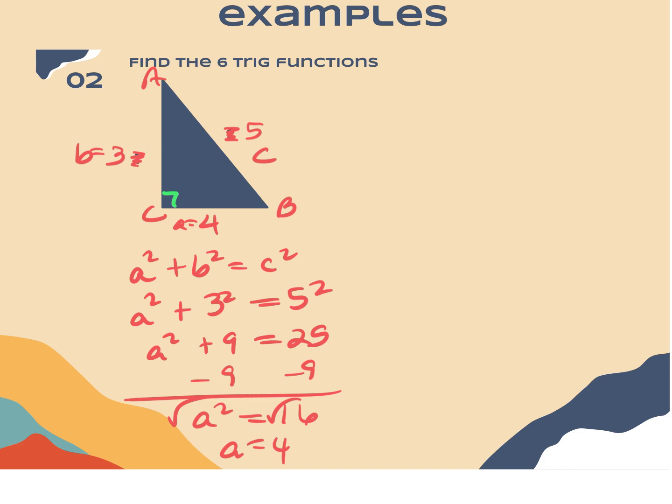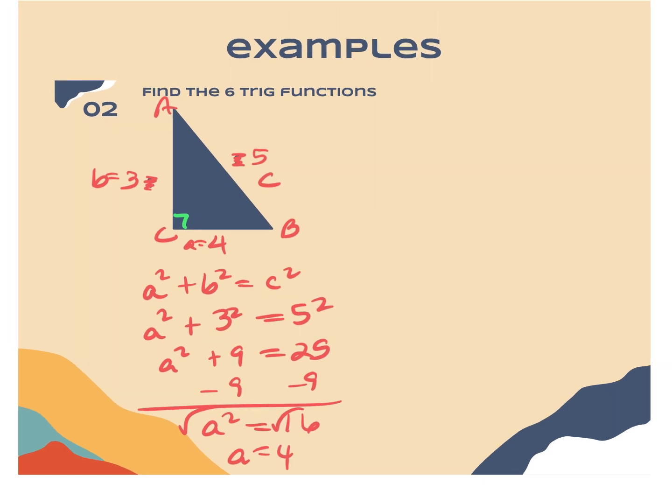All right, so now that we have all 3 sides, let's go ahead and fill in our functions again. Now again, you could do it either based off of A or B. So let's say this time I ask you to find the 6 trig functions in relation to angle B. So let me label my sides in relation to the B. This is now opposite.